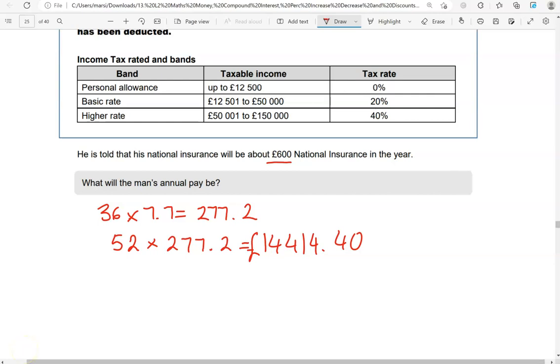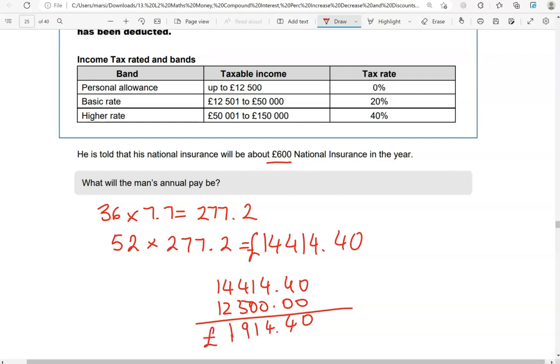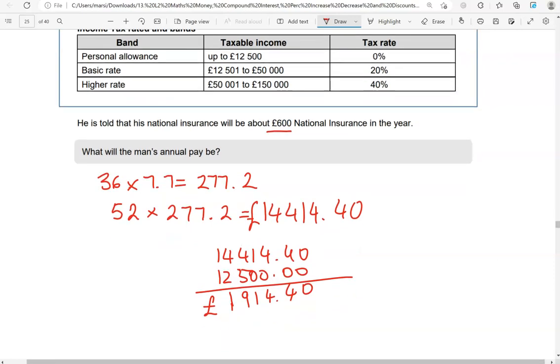So personal allowance is 12,500. So if we take away that personal allowance, that is £1,914.40 taxable.